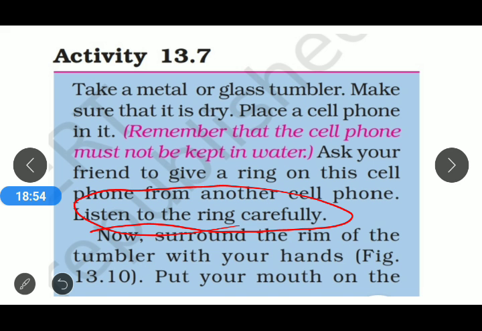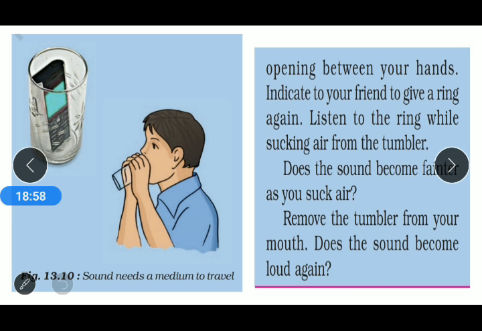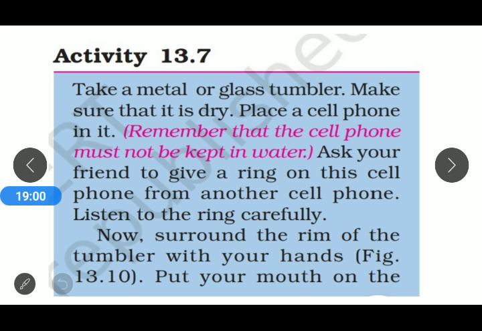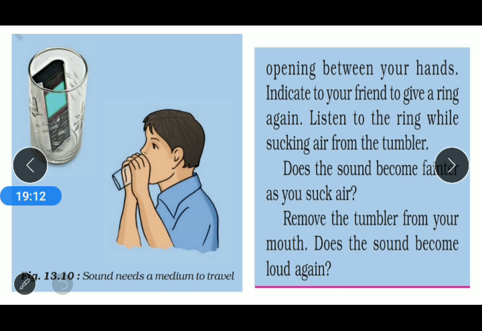In the next step, we surround the rim of the tumbler with our hand according to figure 13.10. We try to put our mouth on the opening between our hands.